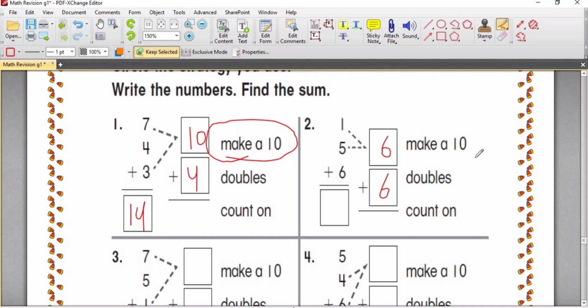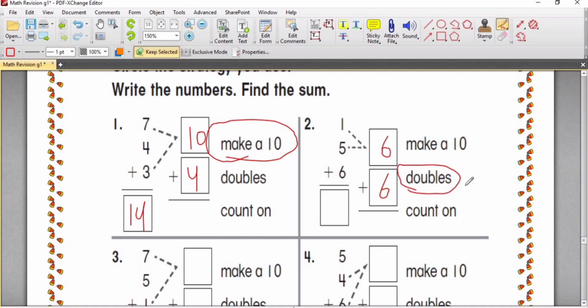So that means we make 10, doubles, or count on. Doubles means we will double the number, or it's like the mirror. Okay, we will write the number 2 times. So here we have 2 sixes, that means doubles, okay? Okay, now let's make 6 plus 6.